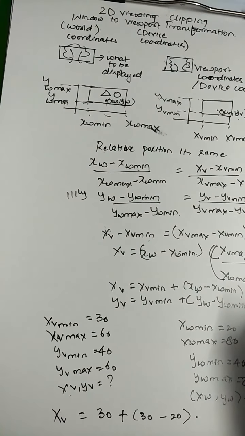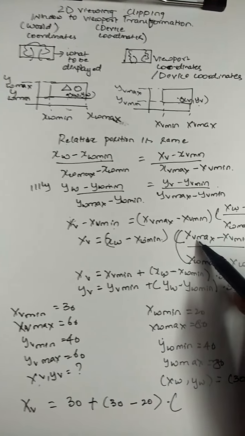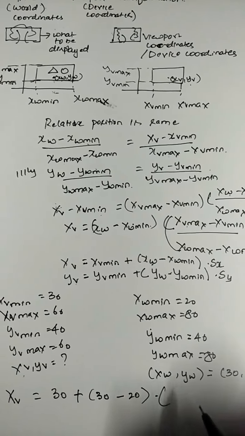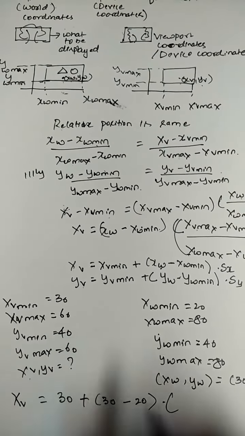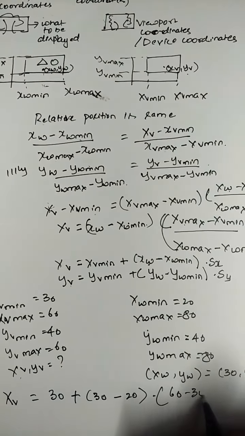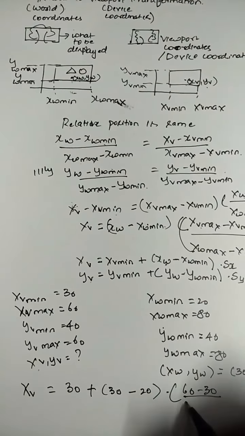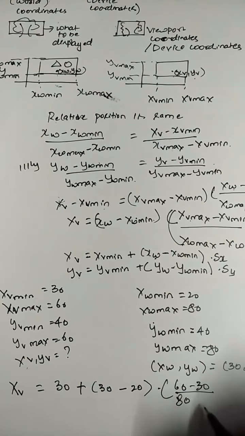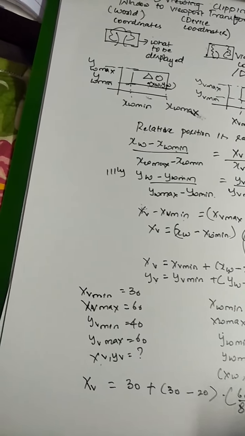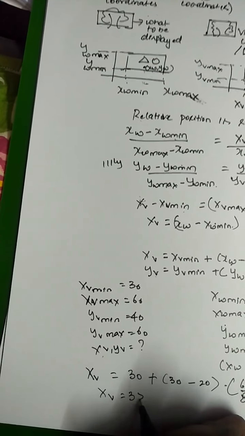Sx is XV max, 60, minus XV min, 30, divided by XW max, 80, minus XW min, 20. Solving this, I get XV as 35.